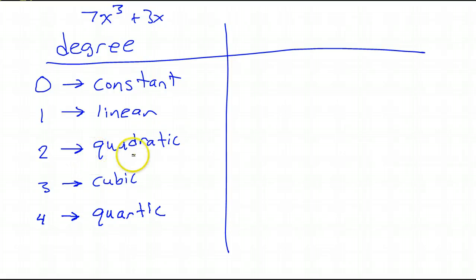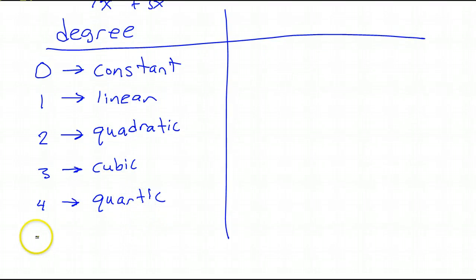But in this case, quadratic is degree 2. It's something squared. Alright, if you want degree 4, fourth power, you need to use the word quartic. Okay, and I'll go up one more level. If you ever see degree 5, that's called quintic. Alright, that's as far as we're going to go in this class.